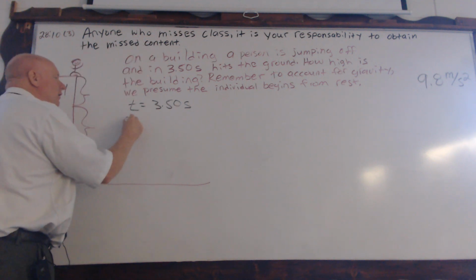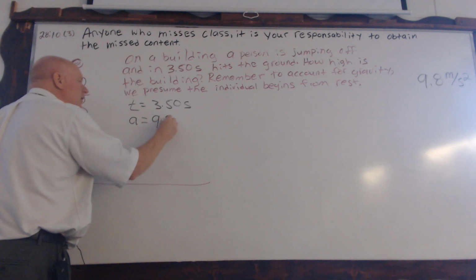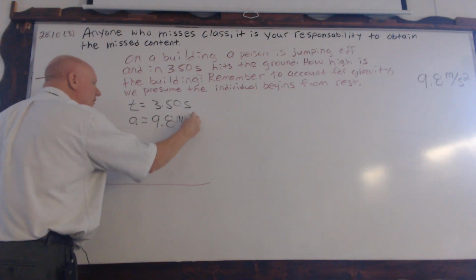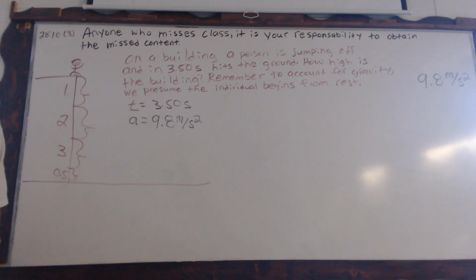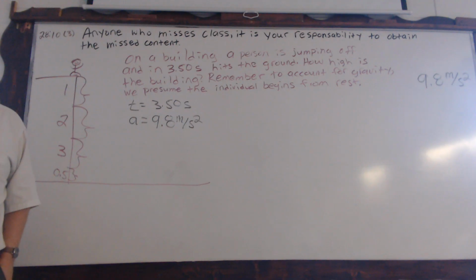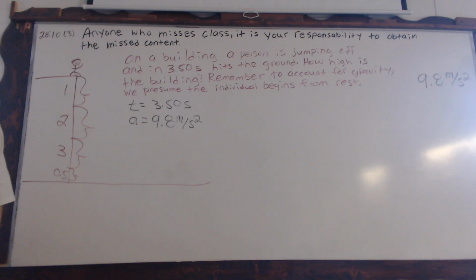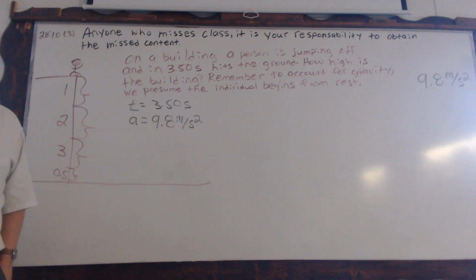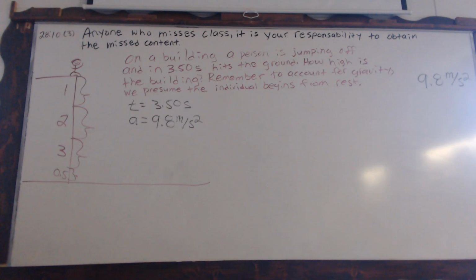So we have an acceleration of 9.8 meters per second squared, okay? What else do we know? There's one really key component. Why is that so crucial? Okay?